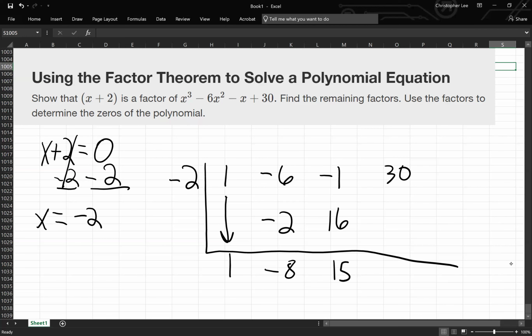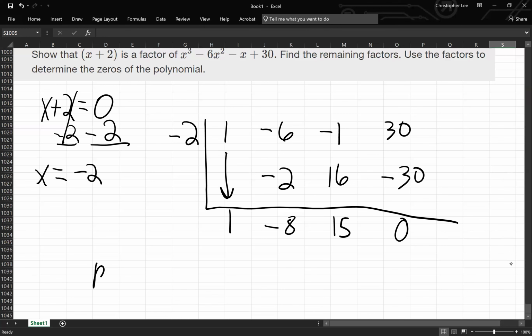Now, -2 times 15 is -30. And now 30 plus -30 is 0. Boom. The remainder is 0. So in fact, this is a factor. By remainder 0, x plus 2 is a factor.